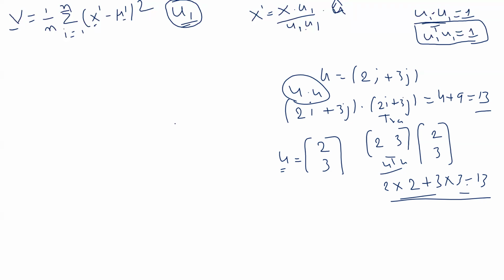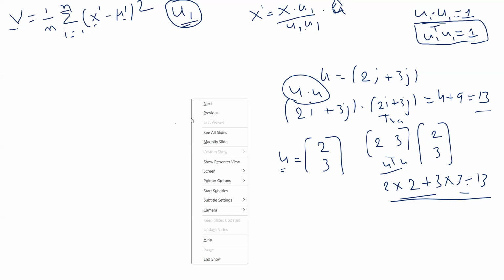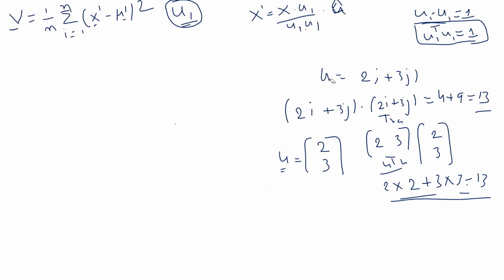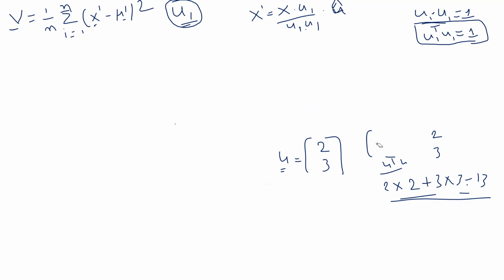When you have a constraint, you have to use a Lagrange multiplier if you want to find out the maximum value. So that's what it all comes down to. Now I represented u1 dot u1 as u1 transpose into u1, and let's go forward and maximize this. This gives you the whole intuition behind principal component analysis.